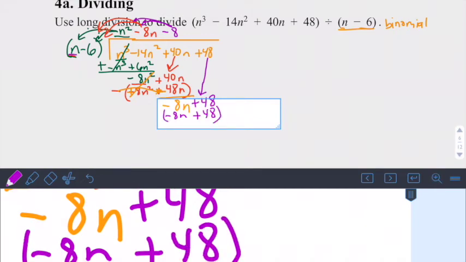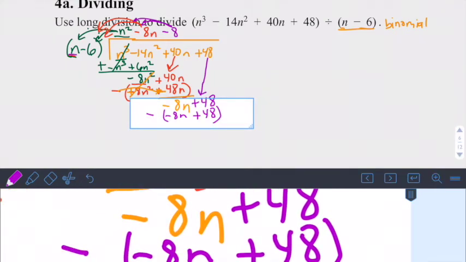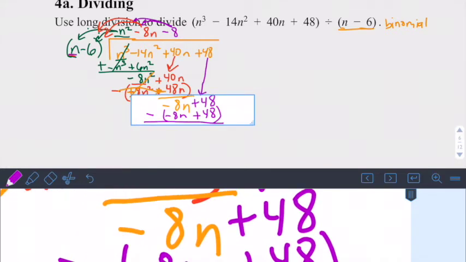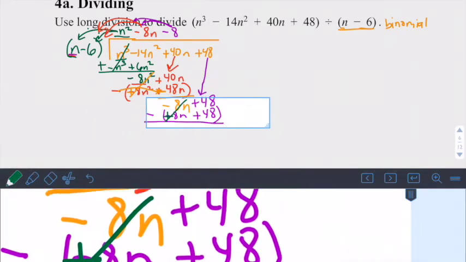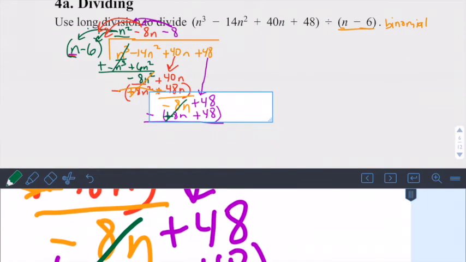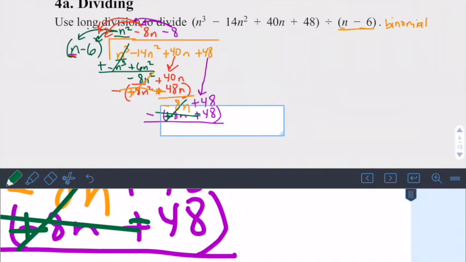And we subtract that whole thing with parentheses. Be very careful. So negative 8n minus negative 8n makes this plus 8n, which gives us 0n, or 0. And 48 minus positive 48 is 48 minus 48, which is 0.